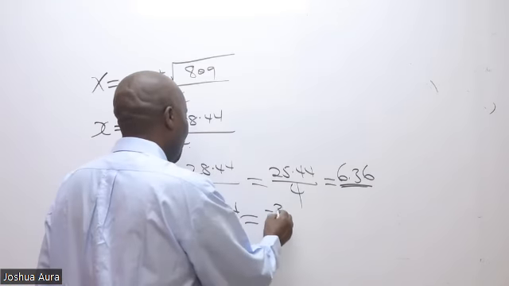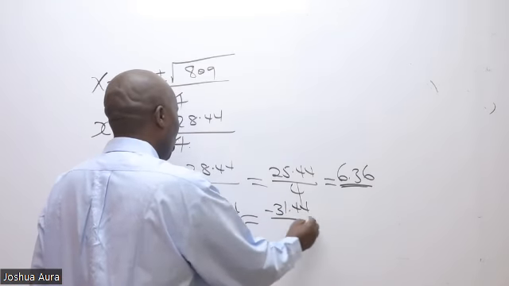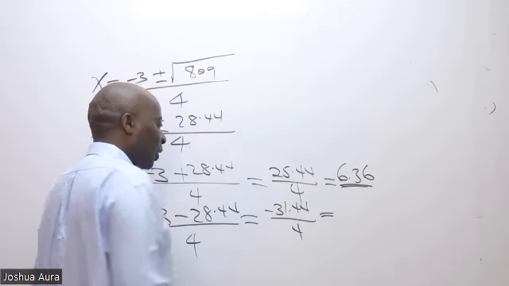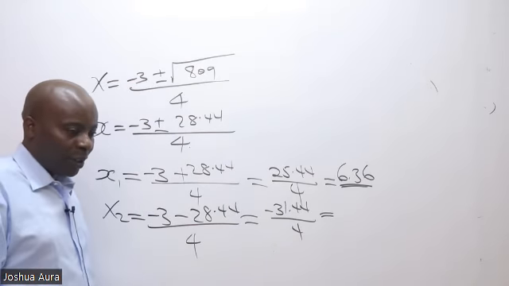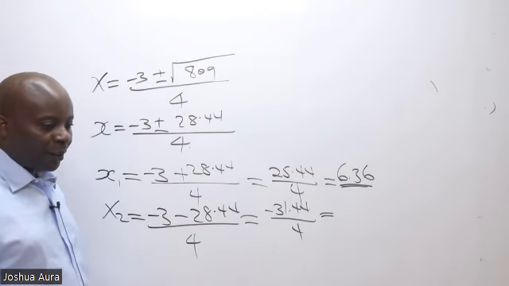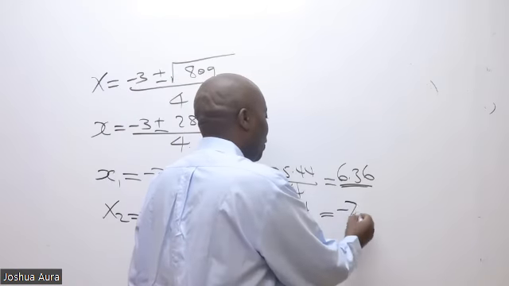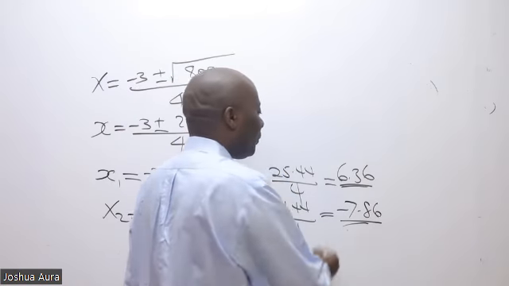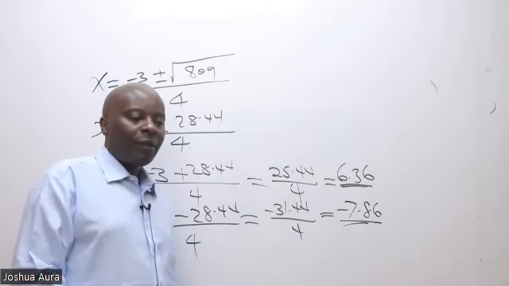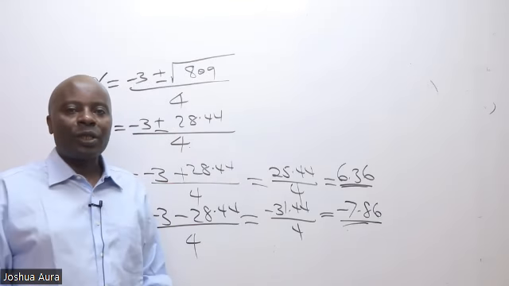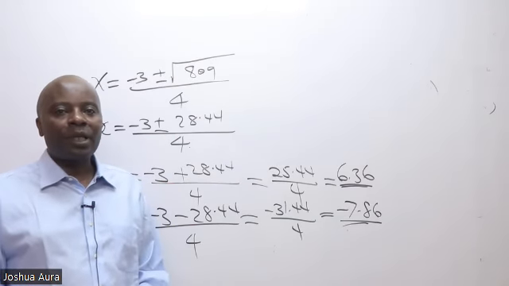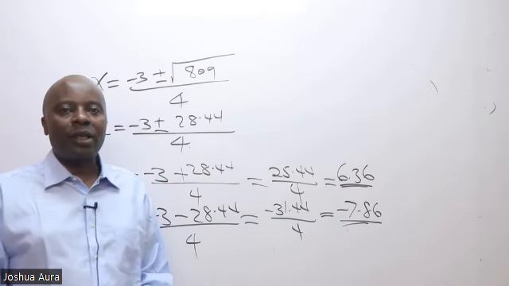You guys are geniuses. Thank you so much. All over 4. Then at the end of the day, what figure are we getting for our x2? According to this gentleman, minus 7.86. So, ladies and gentlemen, this brings us to the end of our first session.